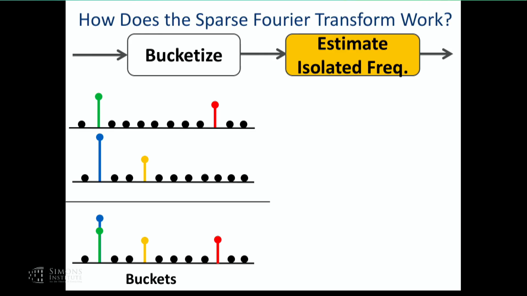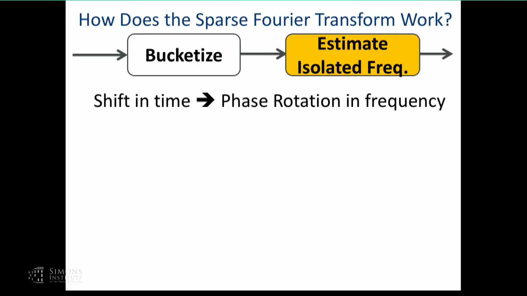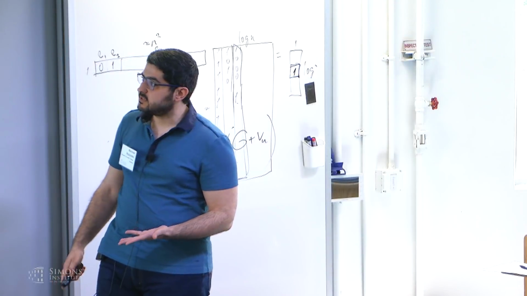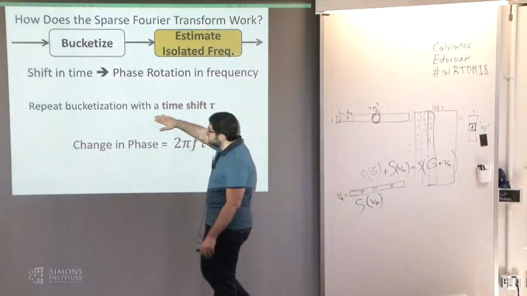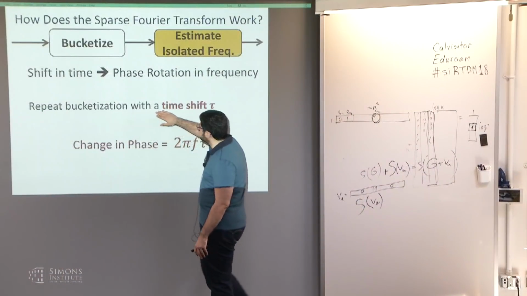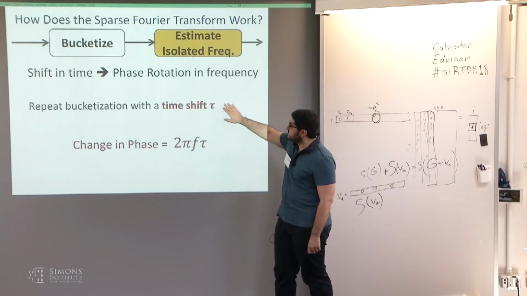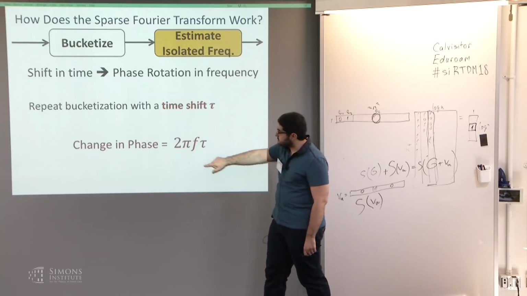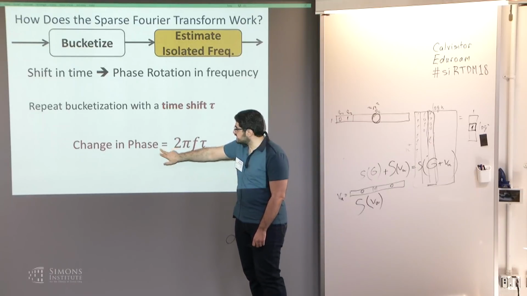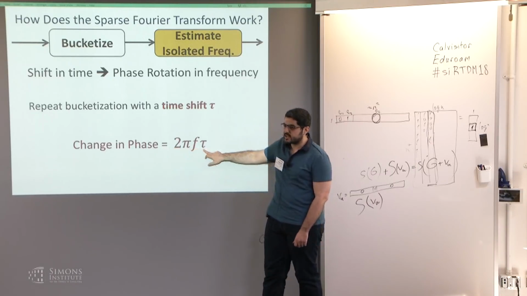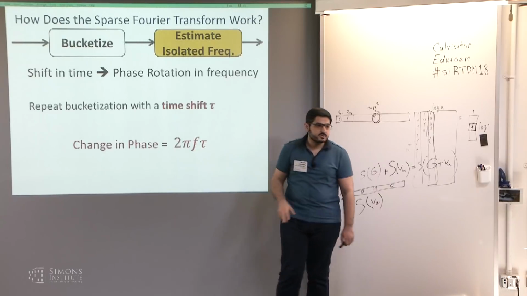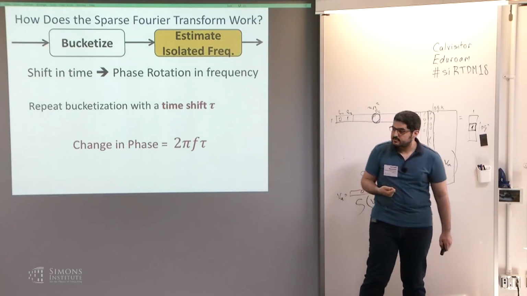To figure that out, we're going to leverage a property of the Fourier transform, which says that a shift in time creates a phase rotation in frequency. What does that mean? If we repeat the same process with a shifted version of the signal, with a time shift of tau, the phase of that signal is going to change by 2 pi f tau, where f is the frequency that we're looking for.